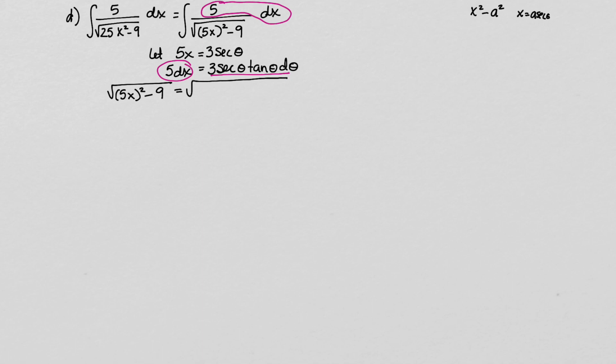So this is going to be the square root of, so 5x, remember, is 3 secant theta. Okay, so how does 5x equal 3 secant theta again?